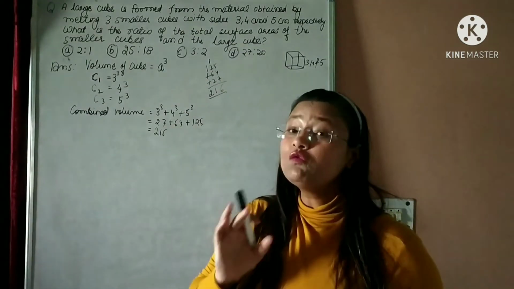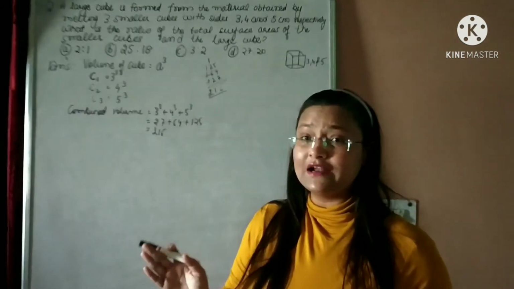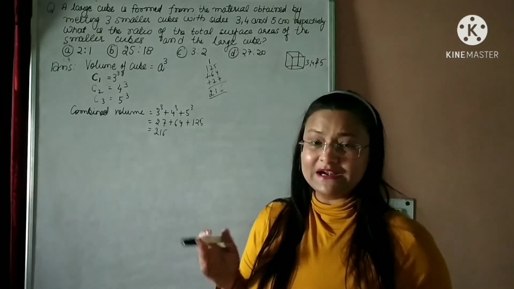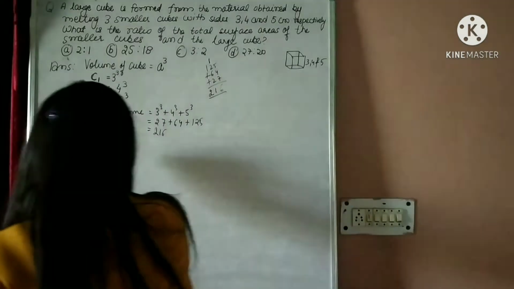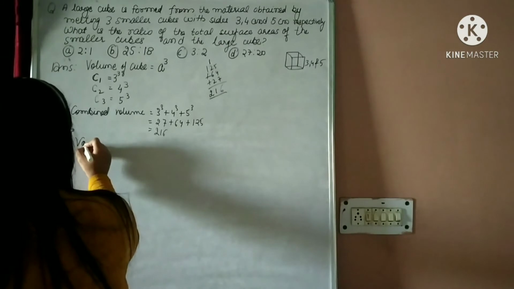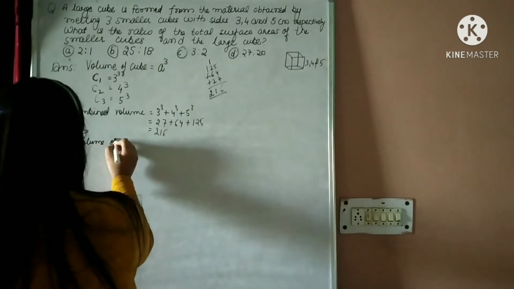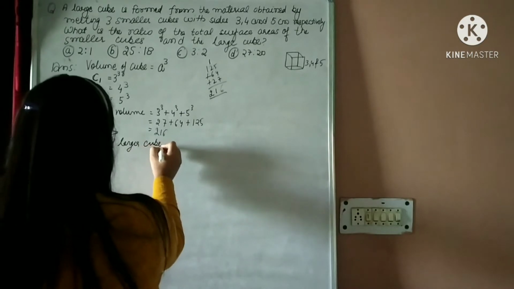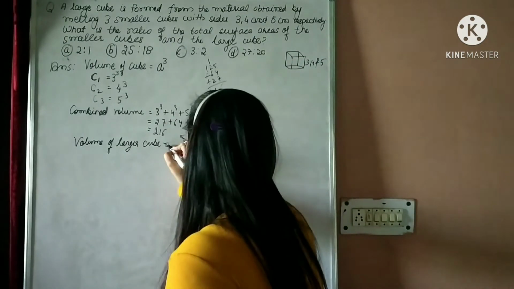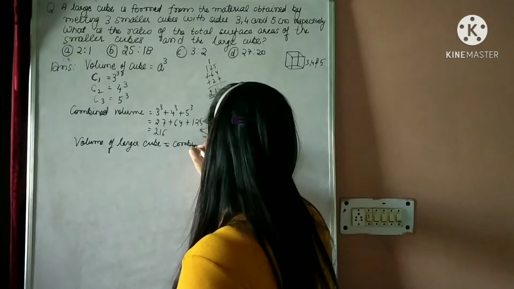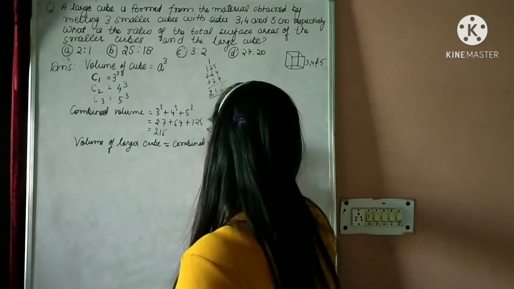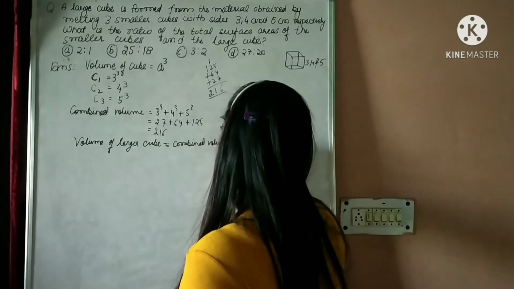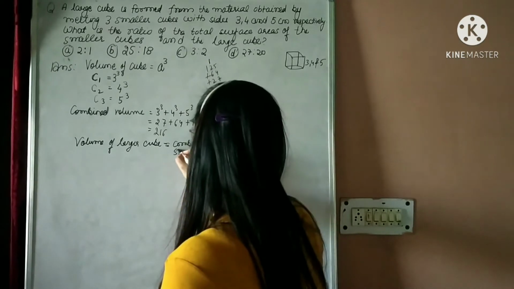Once we know the volume of the larger cube, we can find its size. So the volume of the larger cube is the combined volume of the smaller cubes.